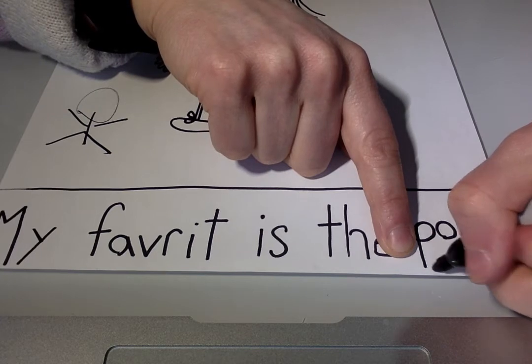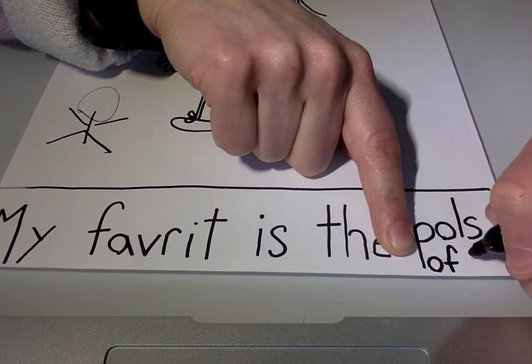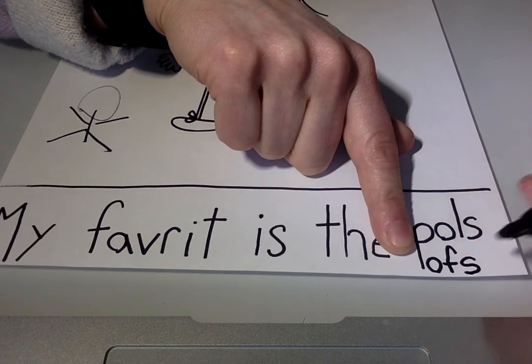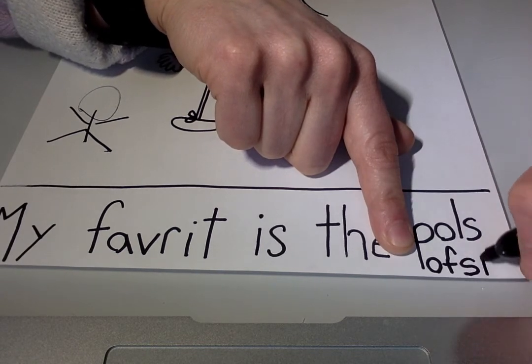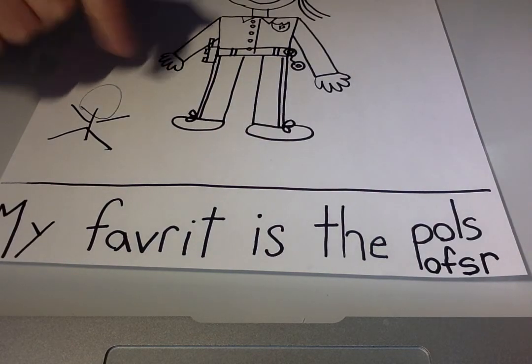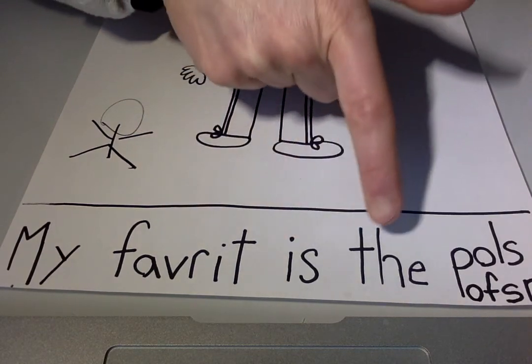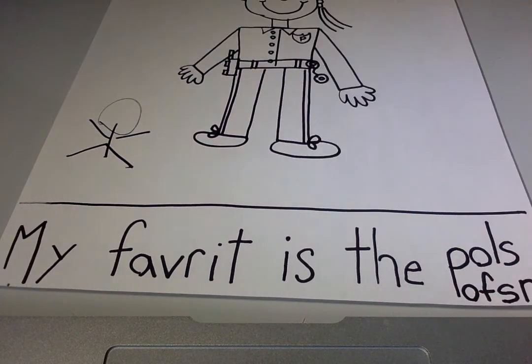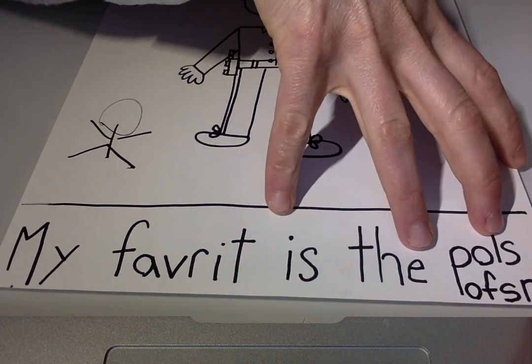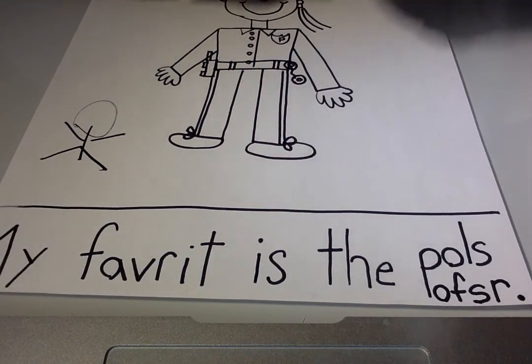Officer. So the letter O, F, office, S, office, that sounds like the letter R. I'm going to check my words to make sure that I have all the ones I need. My favorite is the police officer. I have all of my words. I put a dot at the end to show my story is all done.